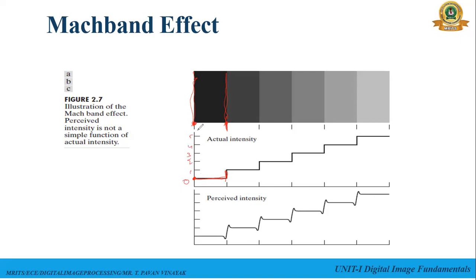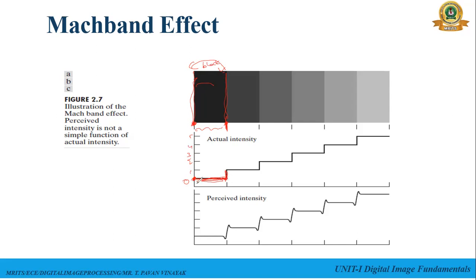So up to here the intensity is constant. There is nothing else. But until the change in intensity, up to this region, the visual system sees black, right? One color. Basically the color changes only here and here.